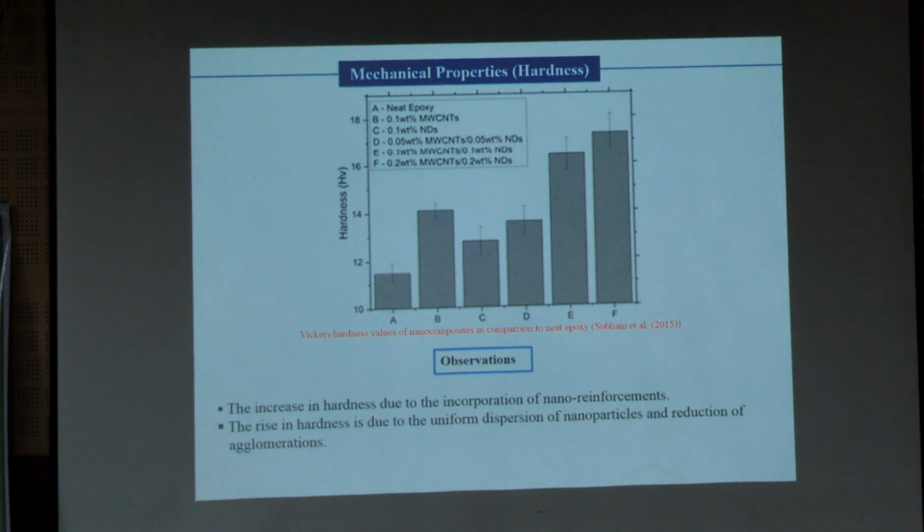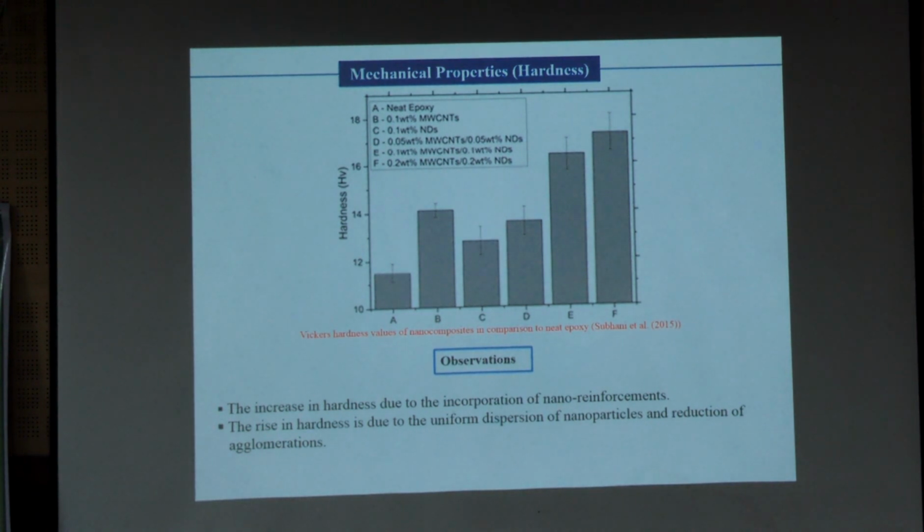So sometimes the hybrid particles give more bonding and then more uniformity in the matrix material, so that we can get more hardness, right. So here the increase in hardness is due to the incorporation of nano reinforcement, that is clearly visible from the comparison between the matrix and the nanocomposites or hybrid nanocomposites.